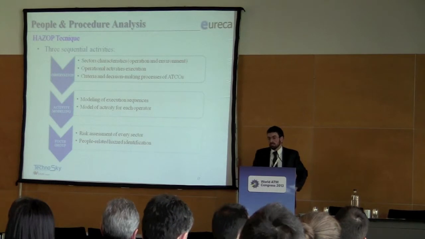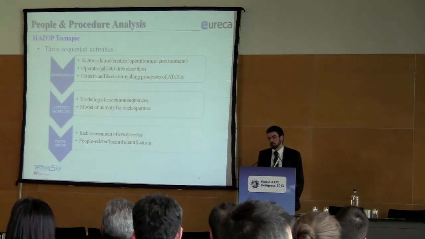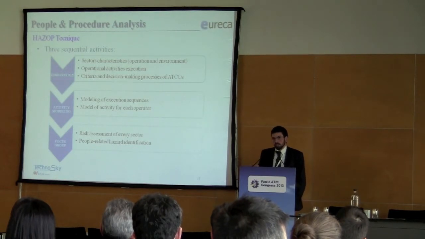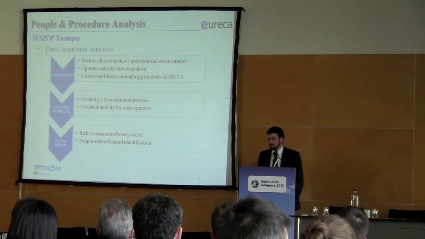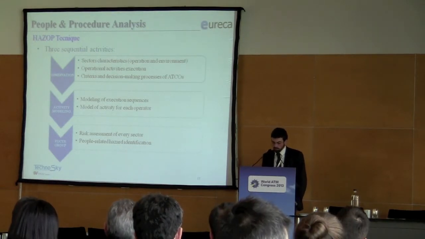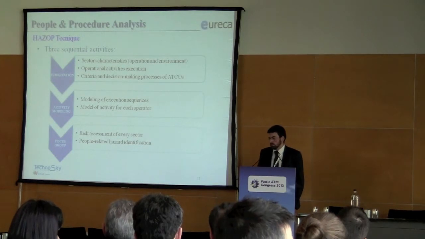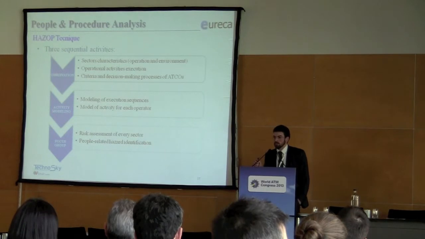Then the last step is the focus group in order to perform a risk assessment of every sector, thanks to the collaboration with the ATCAS, and then the people-related hazard identification. So hazard is a standard technique, and this is only a little bit customized.